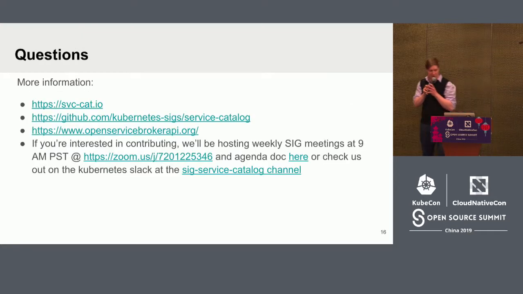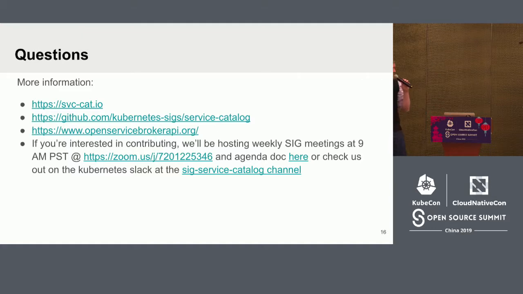Before I take questions, I'm briefly going to list a couple websites. svcat.io is our main docs website where we tell you what Service Catalog is and how to use it. Kubernetes SIG Service Catalog is our main repository that contains the code for the API server, the controller, the CLI, pretty much everything.